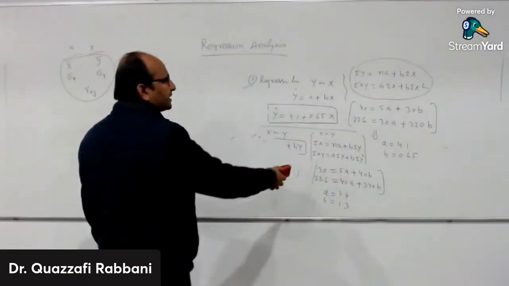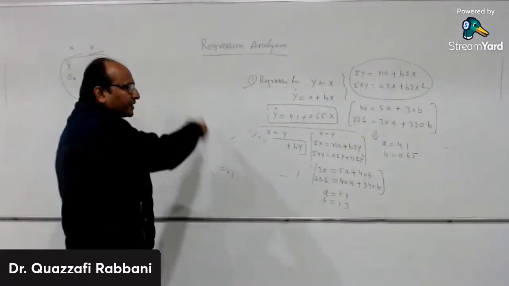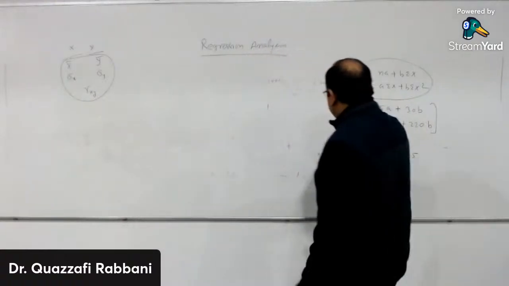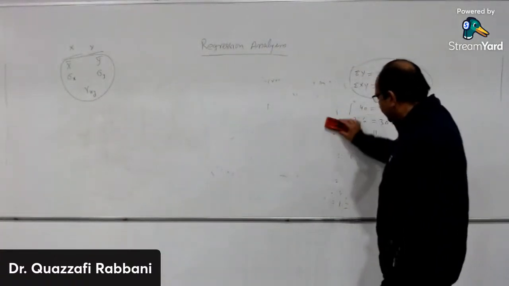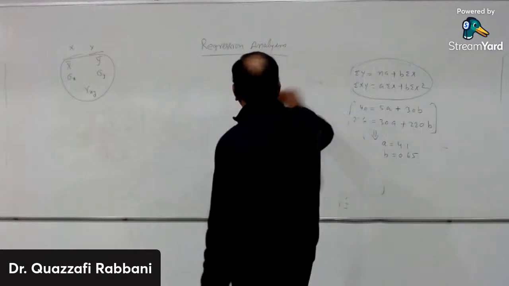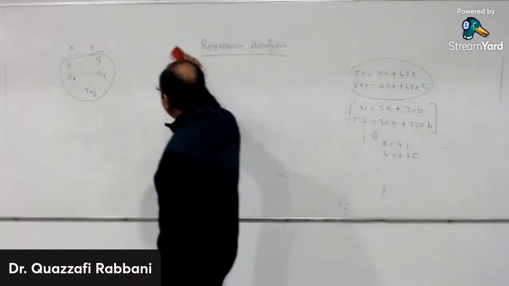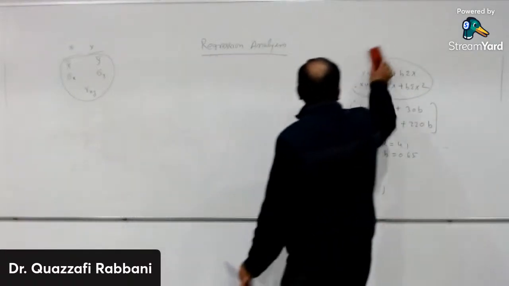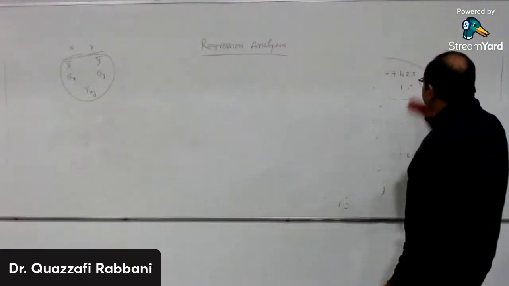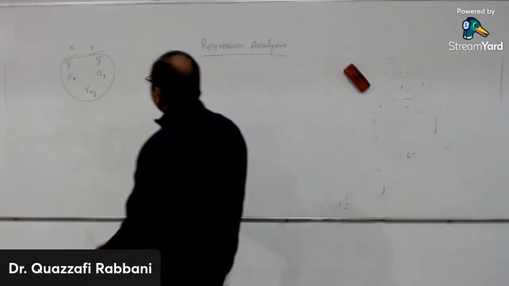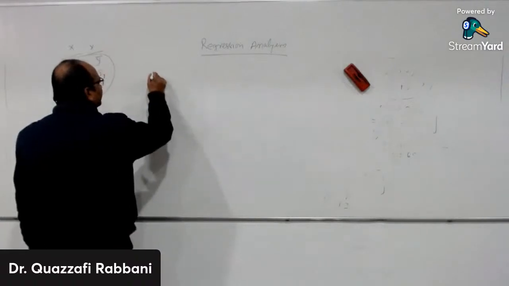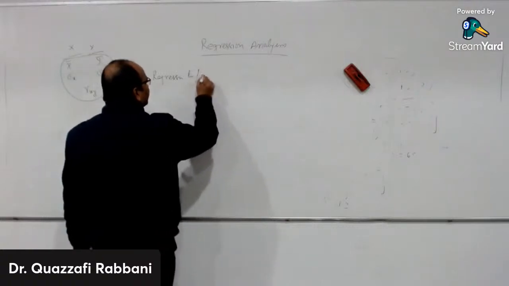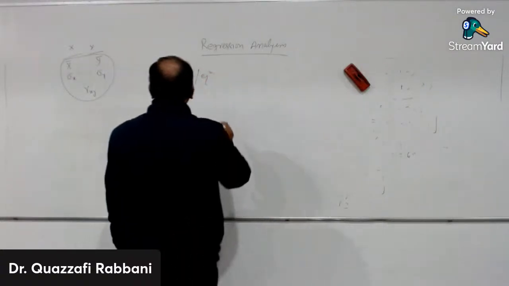If we are given the raw data, the values of x and y, we can obtain the regression line as before. But if the information is given in place of raw data, then we can also obtain the regression line using this information. The regression line or regression equation, both are the same.